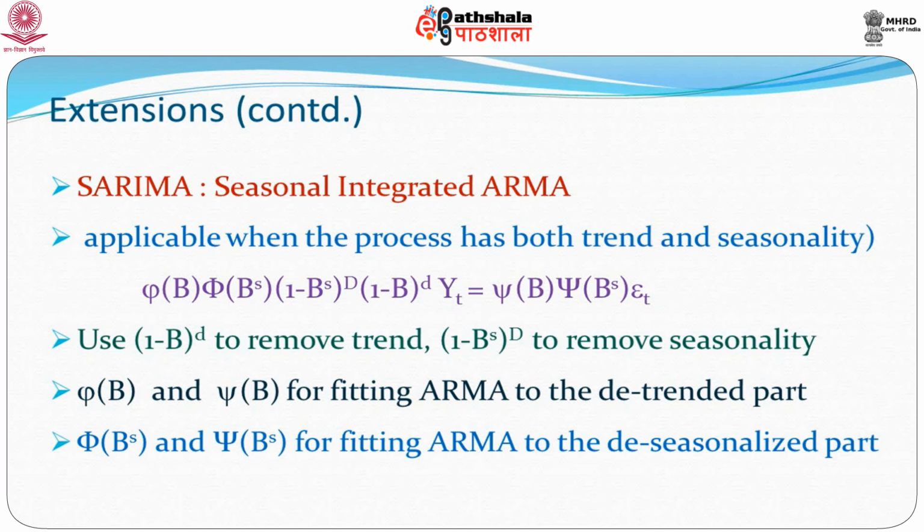In today's class, we had looked at the autoregressive moving average model, or in short the ARMA model. The ARMA model is an extension, or rather a combination, of the AR and the MA models, and we have seen the properties of the ARMA model. Most of these properties actually extend from the AR or the MA model.